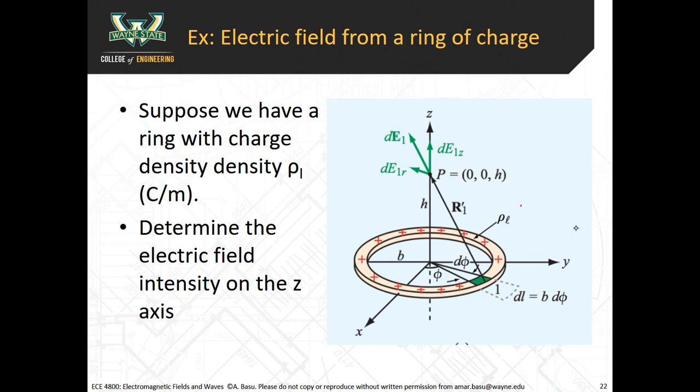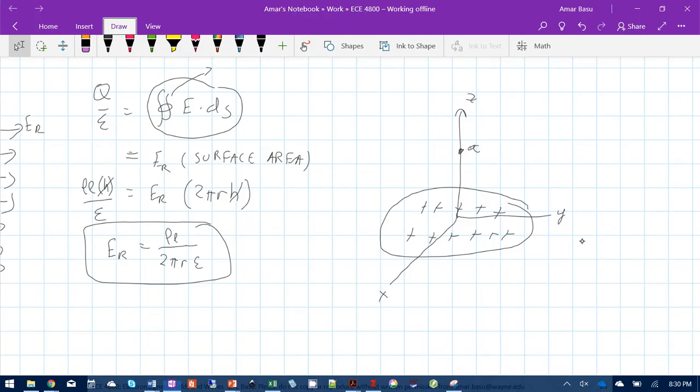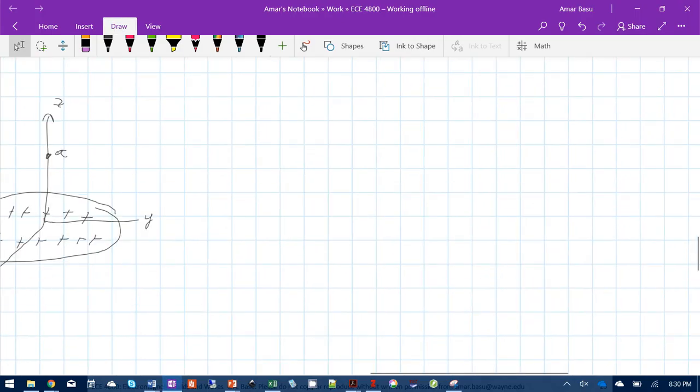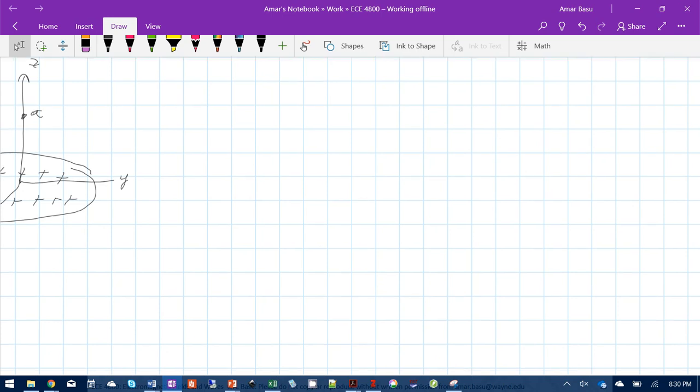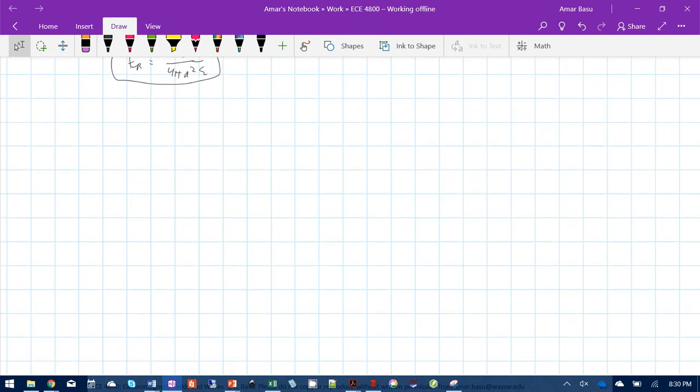I can draw on here. Everyone can see this, the electric field resulting from the opposite side. I'm just redrawing it here to make sure.